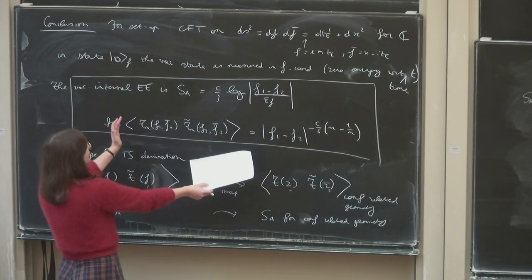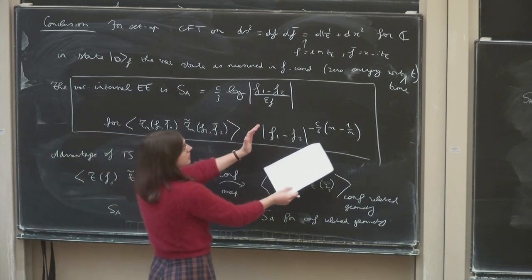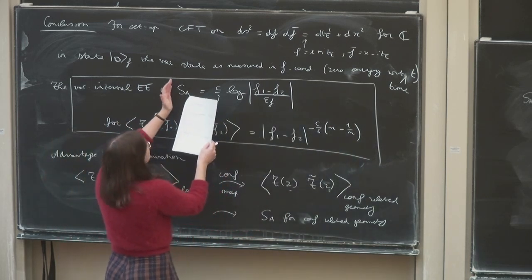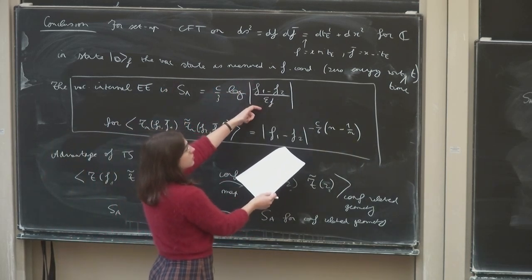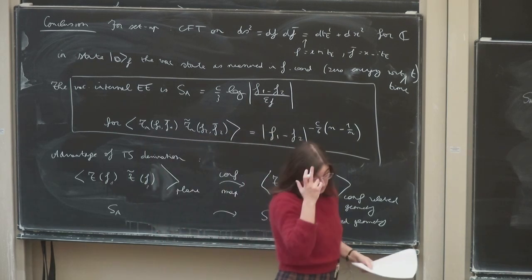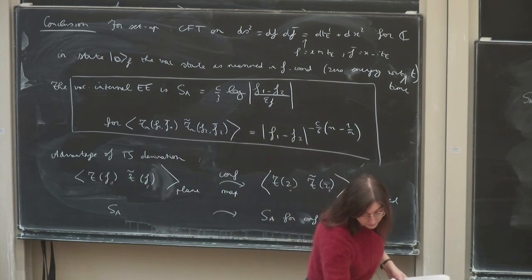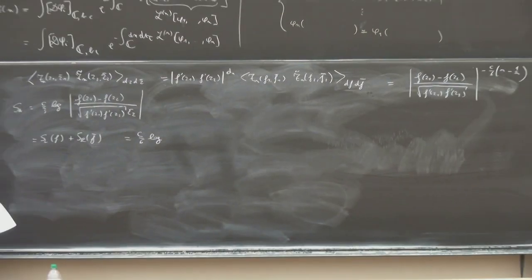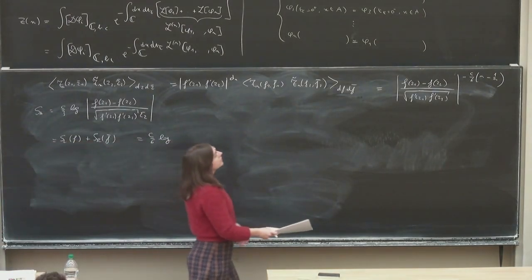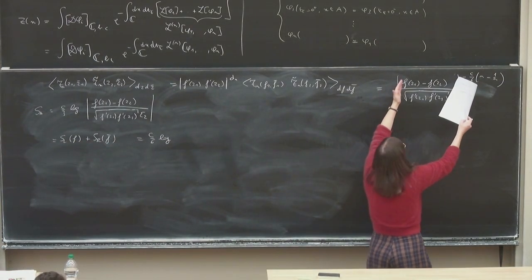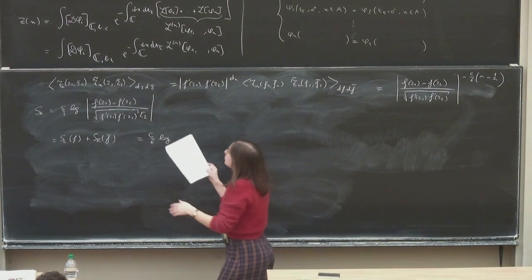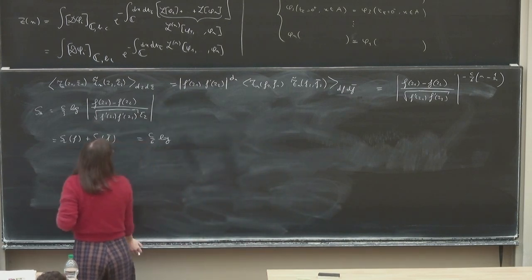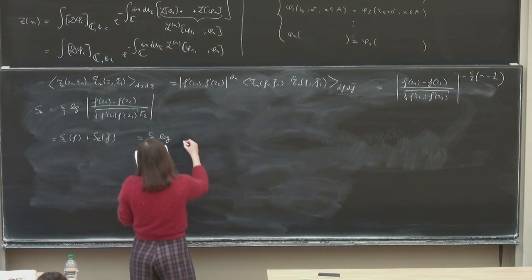So if your correlator is something to that power, then your entanglement is log of that something over the epsilon. So it's that something here now that is the combination that appears in the log, in the general entropy formula.